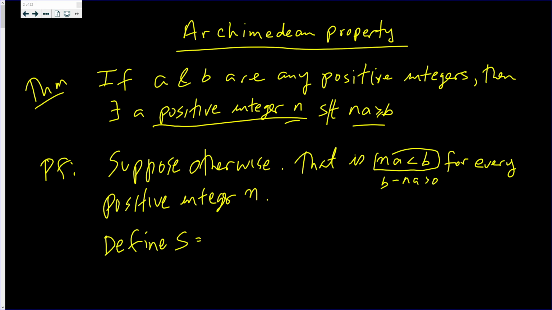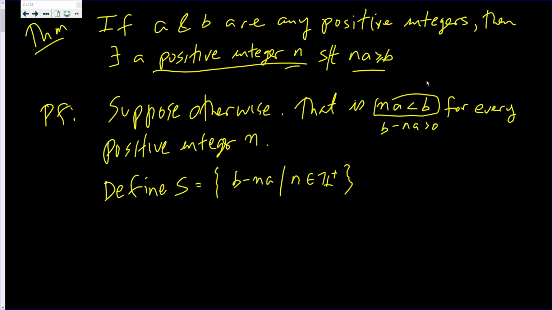Define S to be the set of all b minus na's such that n is a positive integer. But we know that this is always positive.